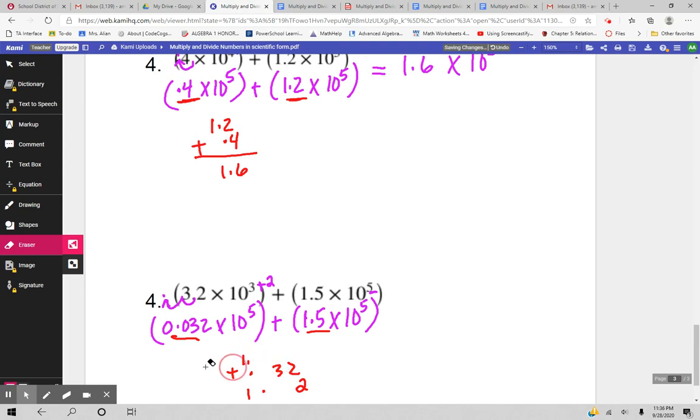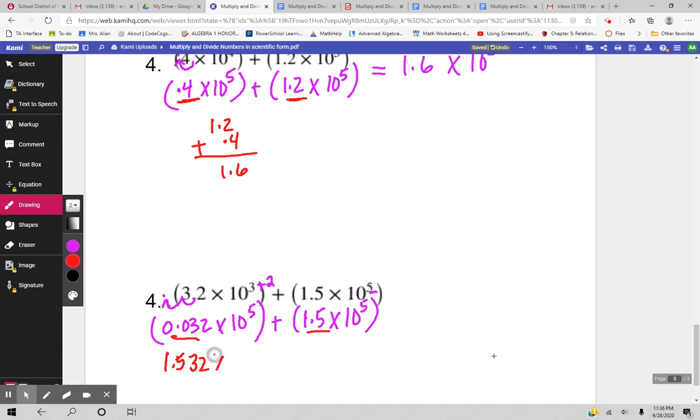And the answer for this was 1.532 times 10 to the 5th power. Okay, so now let me come up with a practice problem for us where we're subtracting.